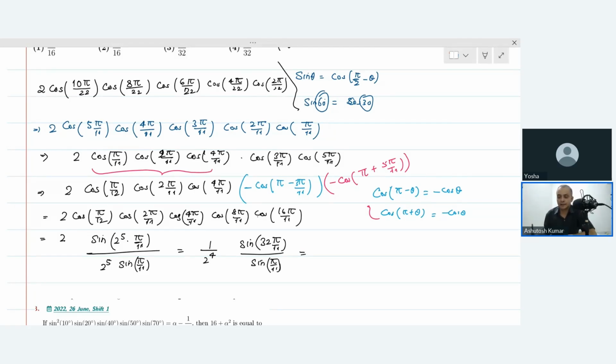But here, the sine 32 pi by 11, I can write as sine of 3 pi minus pi by 11. That is nothing but sine pi by 11. So sine pi by 11 and sine pi by 11 cancel, and you are left with 1 by 16. So that is the answer.